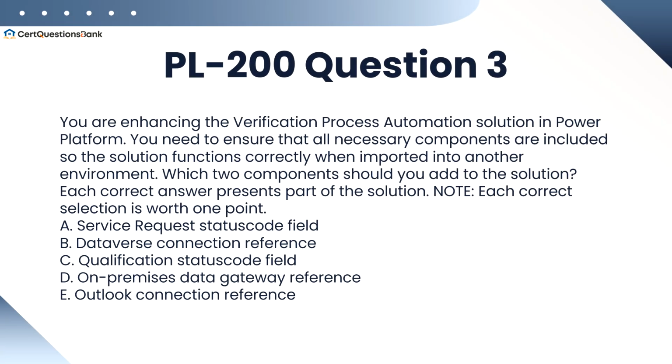You are enhancing the verification process automation solution in Power Platform. You need to ensure that all necessary components are included so the solution functions correctly when imported into another environment. Which 2 components should you add to the solution? Each correct answer presents part of the solution. Note: each correct selection is worth 1 point.